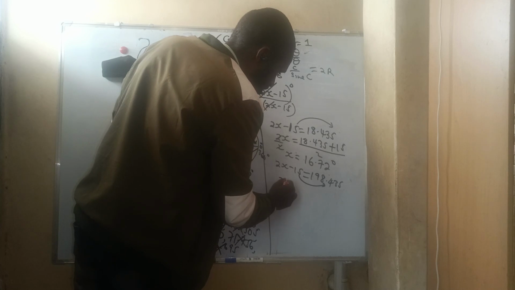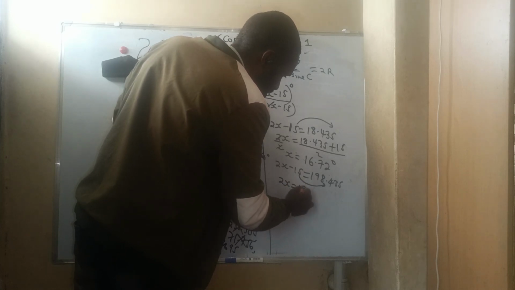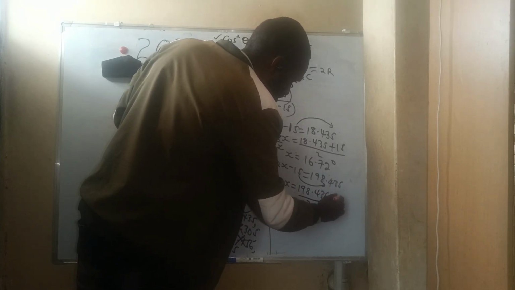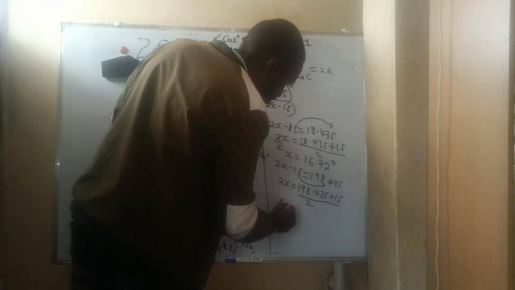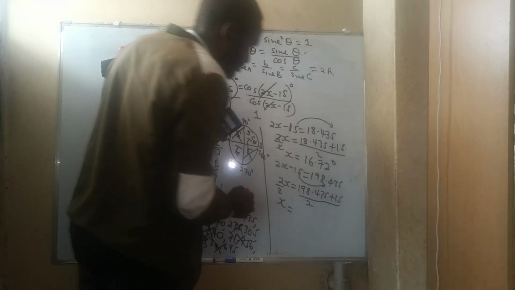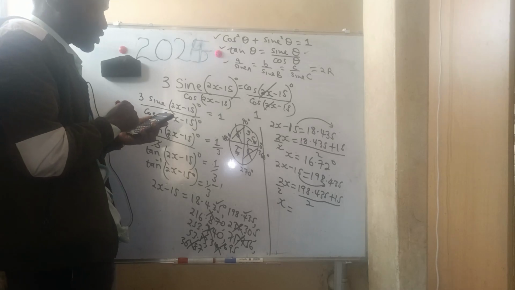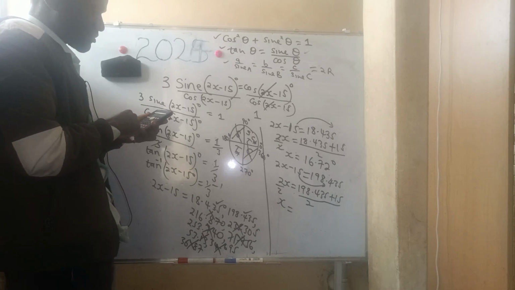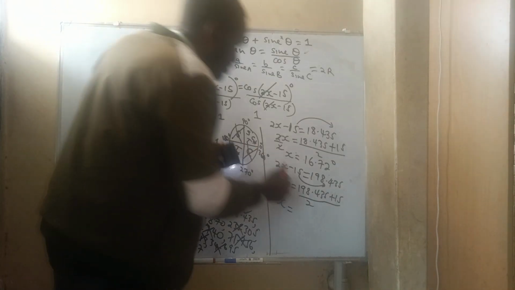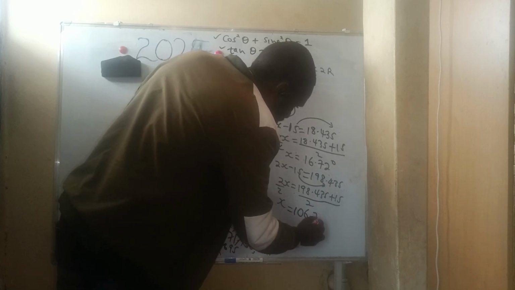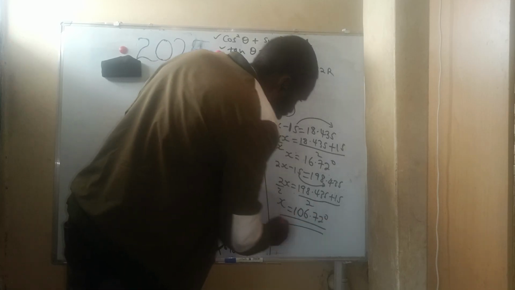So we shall have 2x equal to 198.435 plus 15, divided by 2. So we need to get the other value of x. So we shall have 198.435 plus 15 divided by 2. That gives us 106.72. Thank you so much.